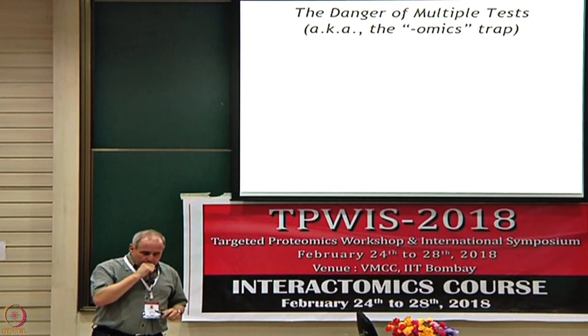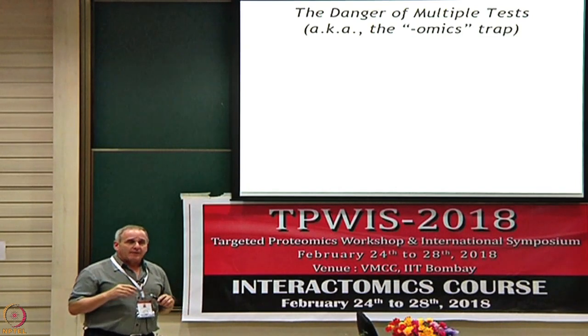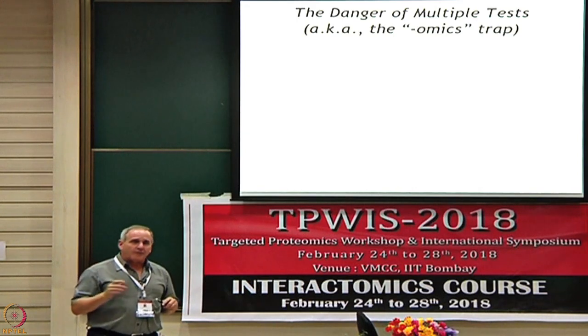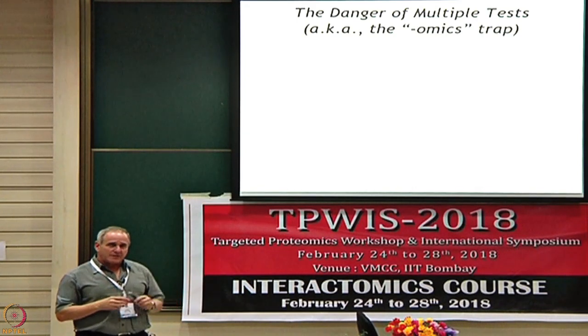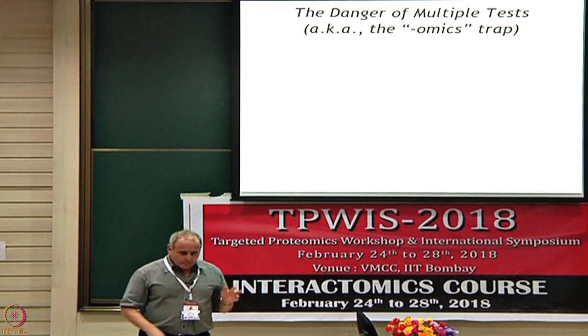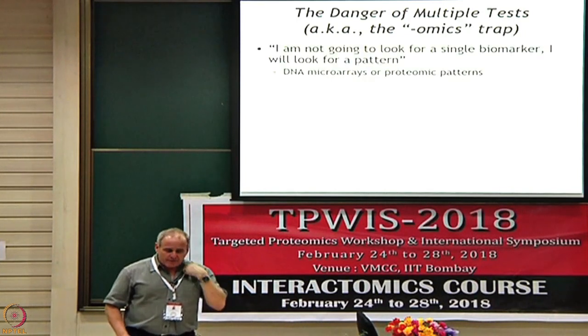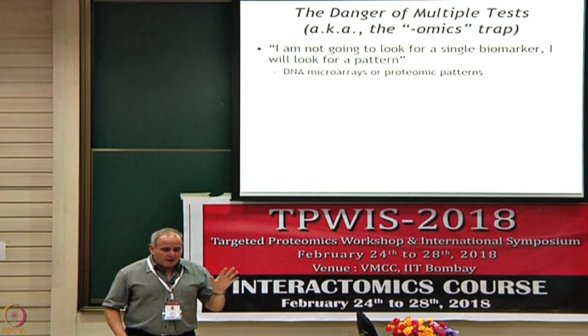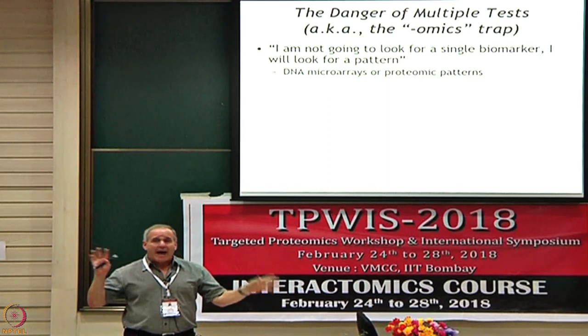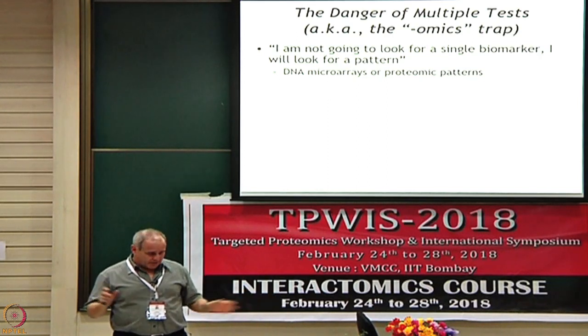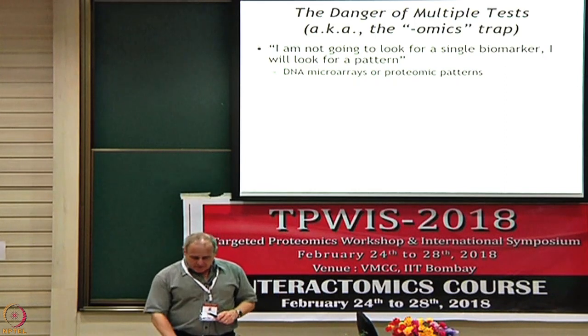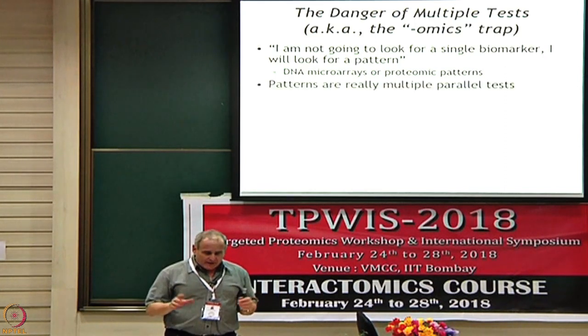All right, that's fair. Now I want to mention a little bit, and we're coming to the end here, the omics trap. Because many of you are going to be doing omics studies. That's what we all do these days. And you often hear this statement from people in omics studies: I'm not going to look for a biomarker, I'm going to look for a pattern. I'm going to look for a signature. They might be doing it on DNA microarrays or protein arrays.